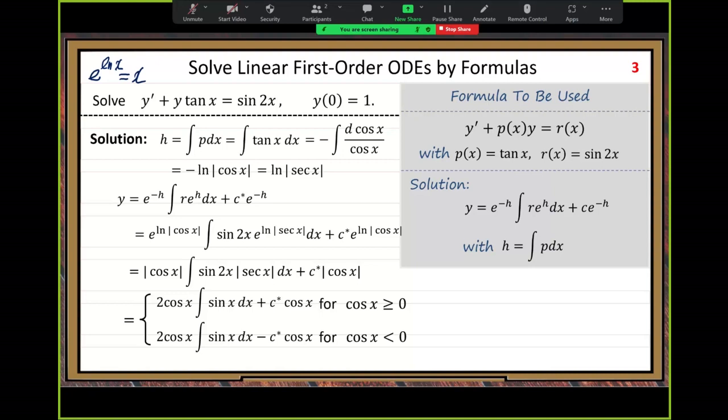Some constant times 2, added to this C star constant. How about we treat the whole thing as one constant, so we do not write that many constant terms? So the whole thing we use one little c constant.